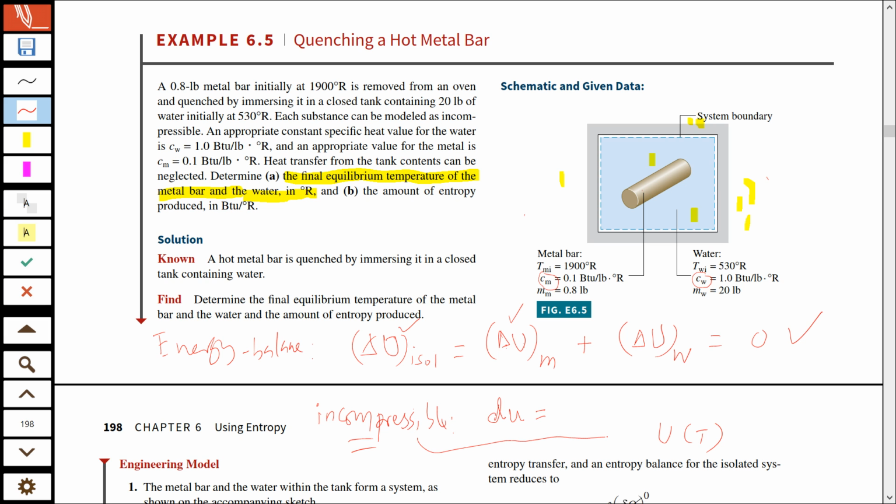That's what is meant by incompressible. What that means is that the change in internal energy must be the constant specific heat times the change in temperature. Now this must be done for M separately, and for W water separately. So this will be Cm times dT for metal and Cw times dT for water. This is how you will start.